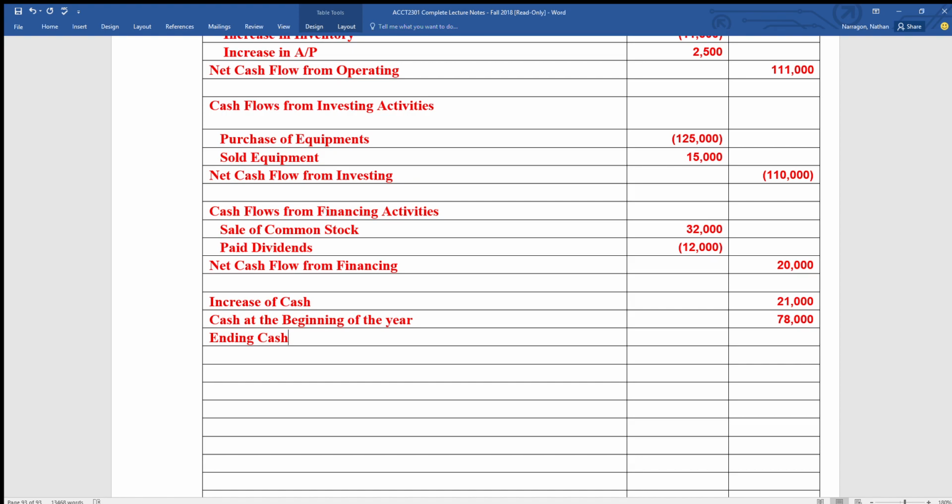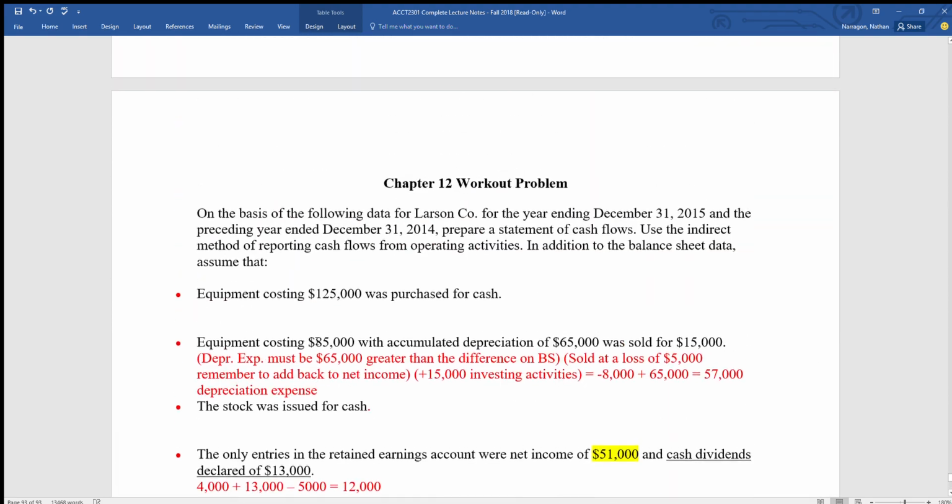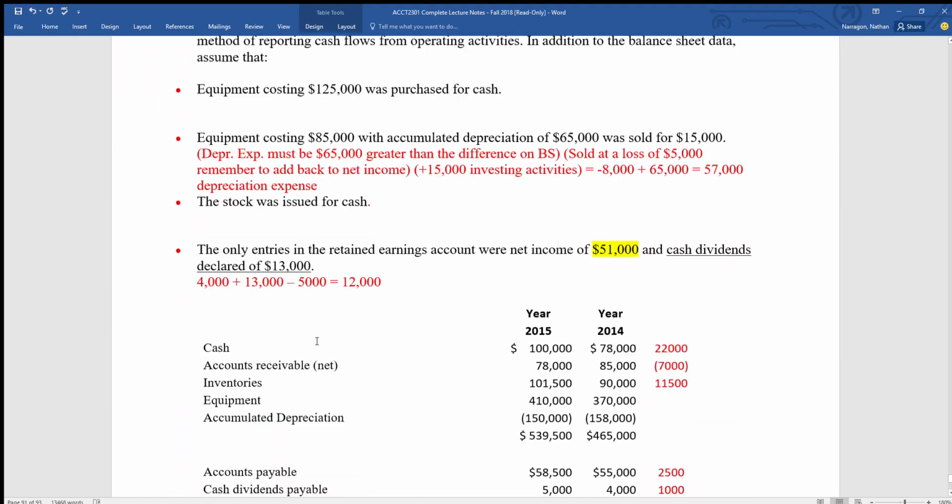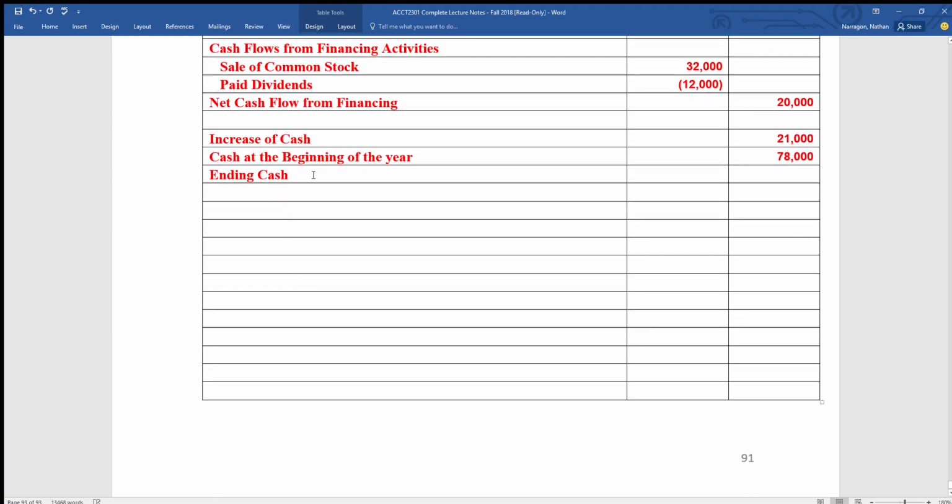should be at 99,000. So there's an ending cash. Let me see how it says. Ending cash at the end of the year. Okay.